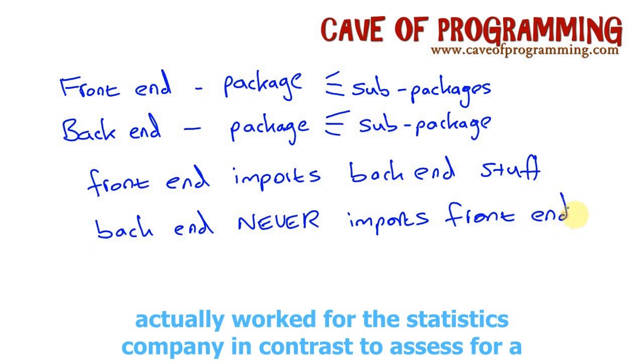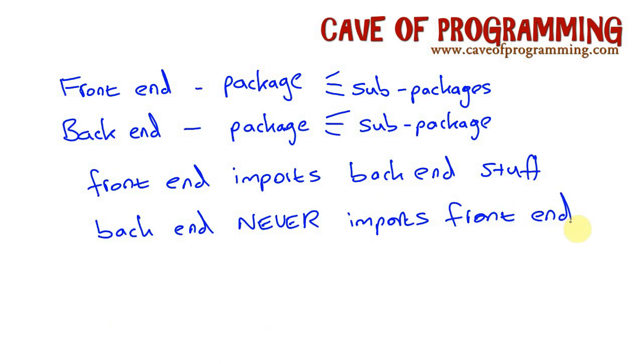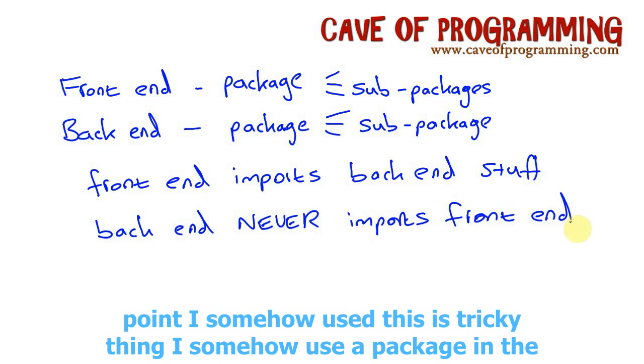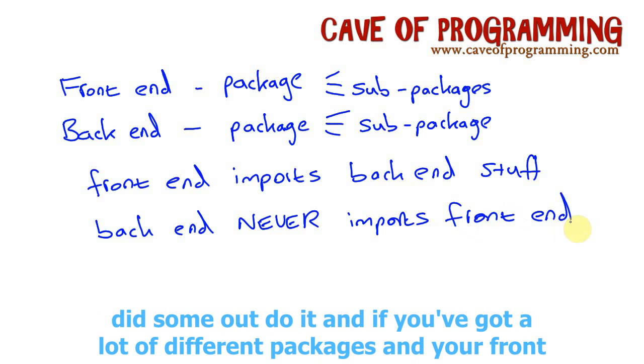And I actually worked for the statistics company SPSS doing a contract for a while. Technically I wasn't working for them, but I sat in their offices, put it that way. And I actually at one point, this is trickier than you think, I somehow used a front end package in the back end. God knows how I did it, I'm ashamed to admit it. But if my memory serves me well, I did somehow do it.